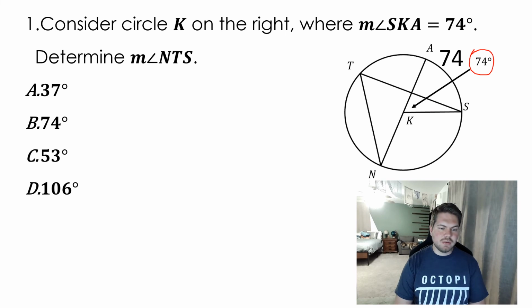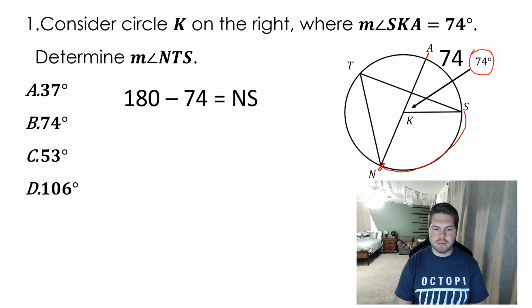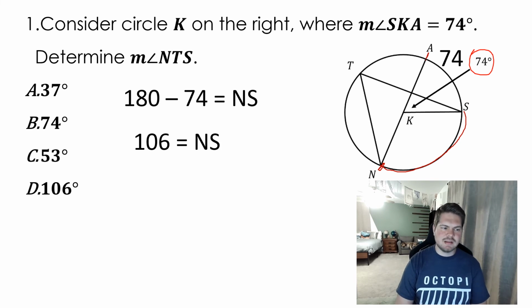So now that we know that, we can actually solve for NS because we know that N to A is our diameter. So from N to A, it's 180. Well, if we took 74 away, we can find out NS, and we get that NS is 106.